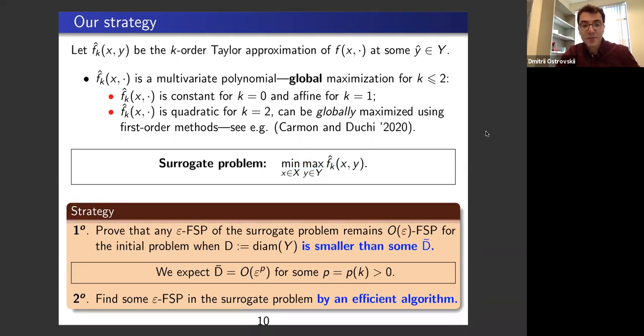So the strategy is, first of all, to prove a general approximation guarantee.